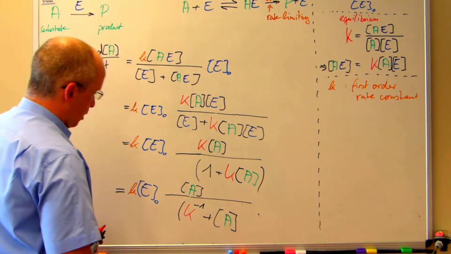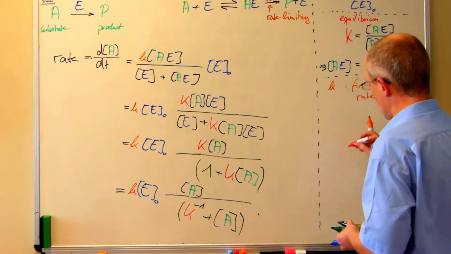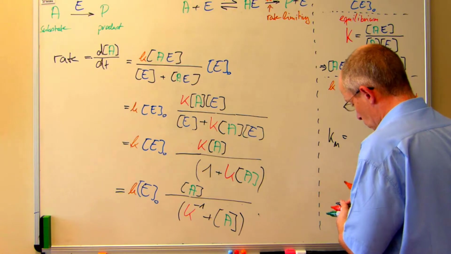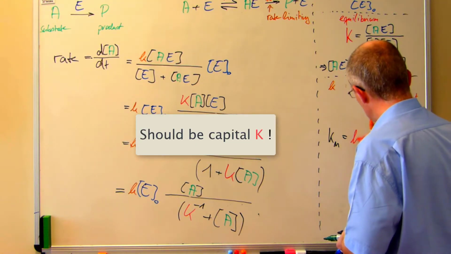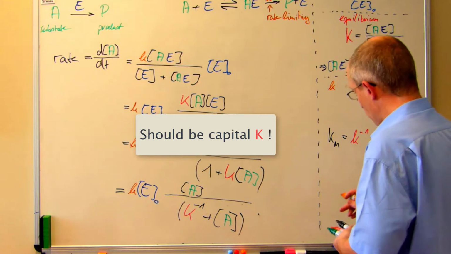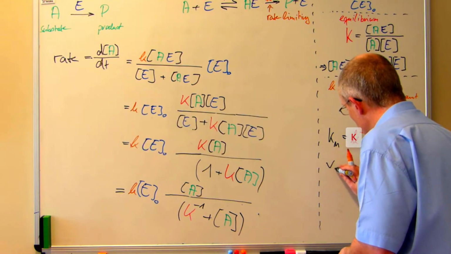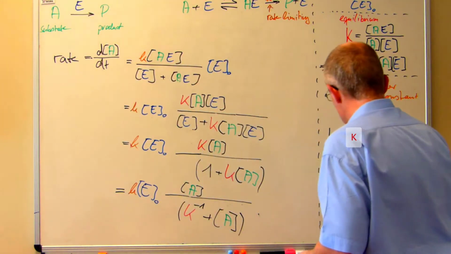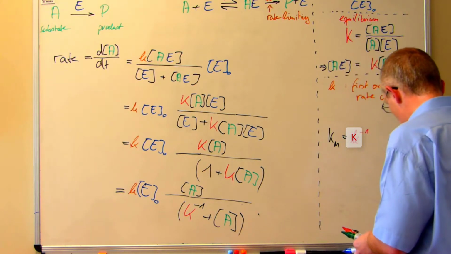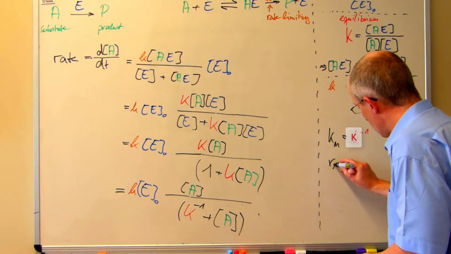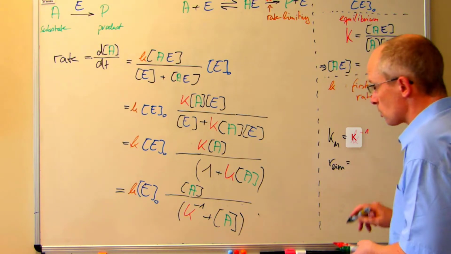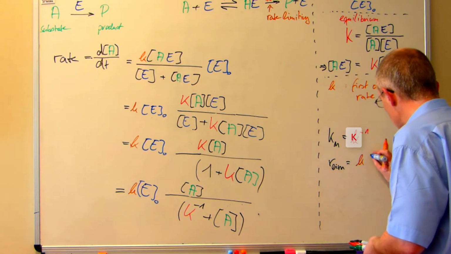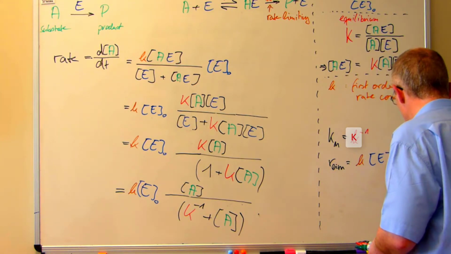And then, just for the argument's sake, okay, denote something where I say, okay, I have some Kn, which is equal to K to the power of -1. And then do the other thing which is typically done, I say, okay, I have some sort of V, or I would rather say not V, because this is a German error, actually, it's German mistake, which is typically conducted as you would say, okay, this is a rate, a limiting rate, which is actually my small k times my initial enzyme concentration, which is typically done.